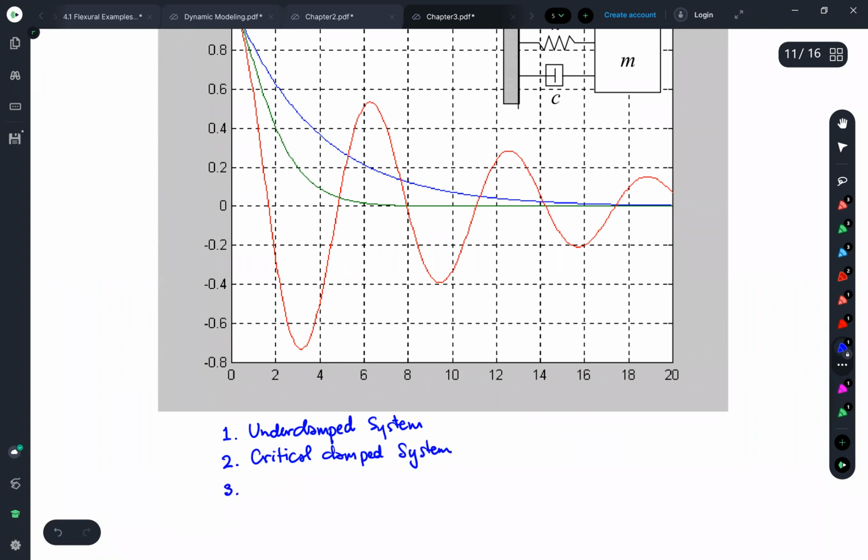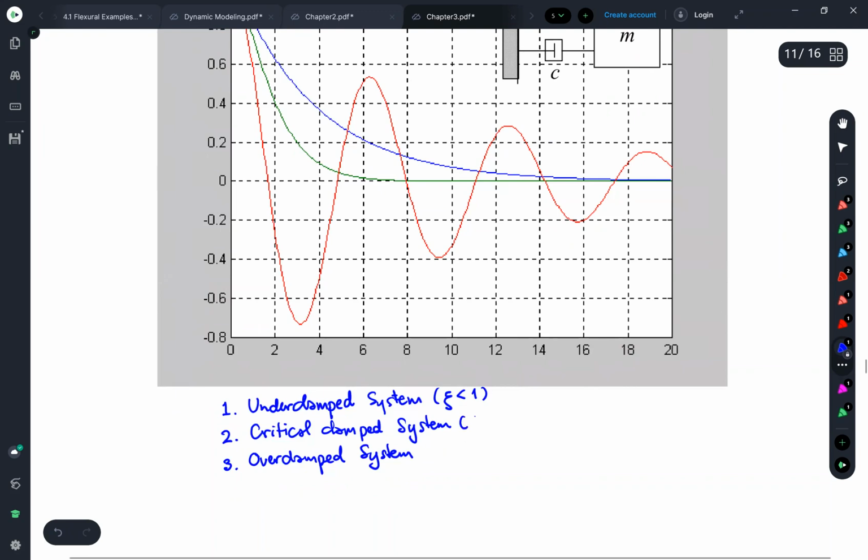And 3.3, we are talking about the overdamped system. This is the case zeta less than 1, zeta exactly equal to 1, and zeta greater than 1. Something like this, right?